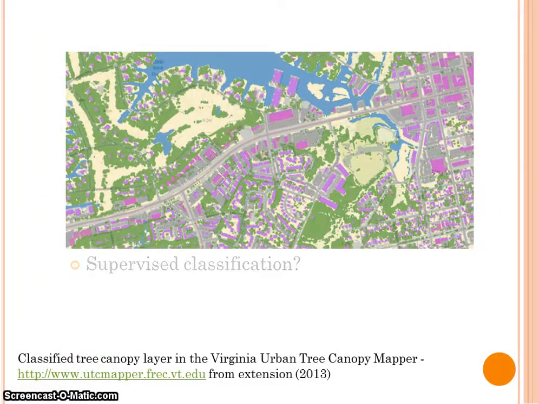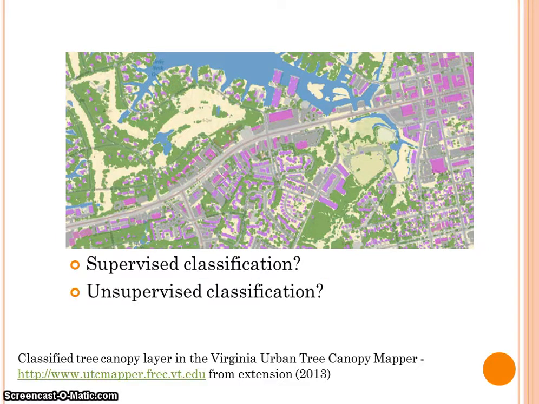It is not possible to tell how an image was classified without a written description of the process and techniques employed. For example, was a supervised classification used, where an analyst guides the classification process and identifies areas at onset that are known to belong to each class?